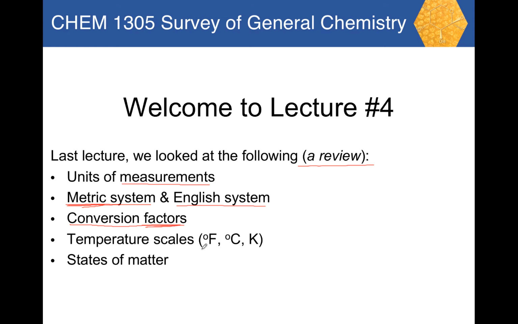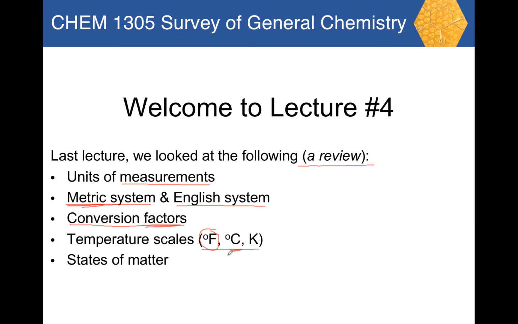We also touched on temperature scales, and you'll notice here that there are 3 temperature scales that are typically used. We're more familiar here with the Fahrenheit scale. But another one that's typically used is the Celsius scale, degrees C. That's mostly used in Europe.